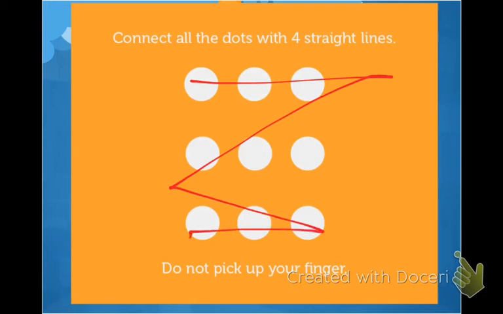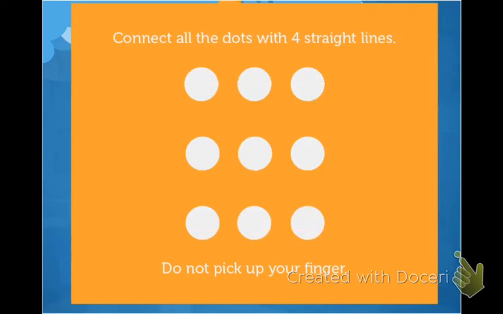But again, you can't pick up your hand as you do it. Or you could go, and again, I'll do something that's not right. 1, 2, 3, 4. So try to do that, and then I'll let this just run for a little bit, and then I'll show you the answer on the next slide.